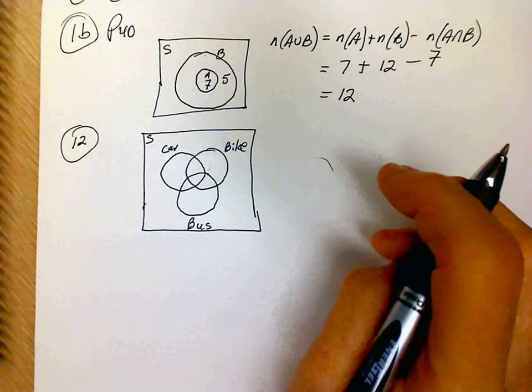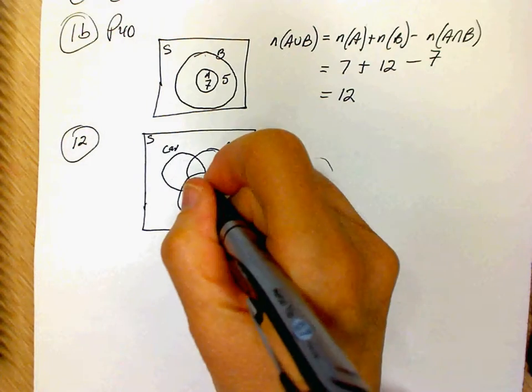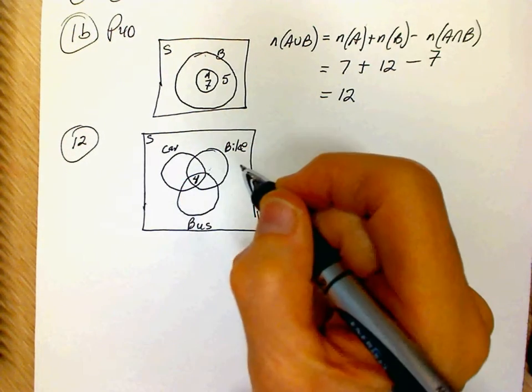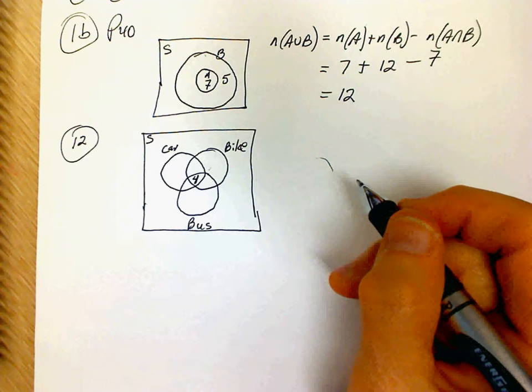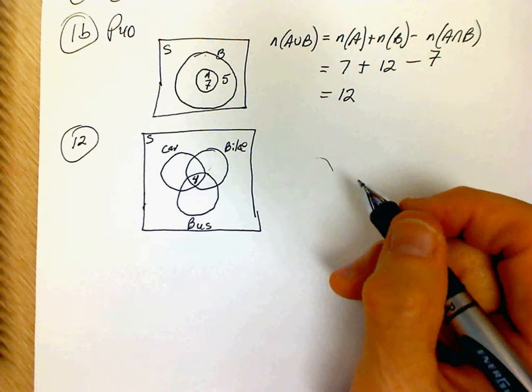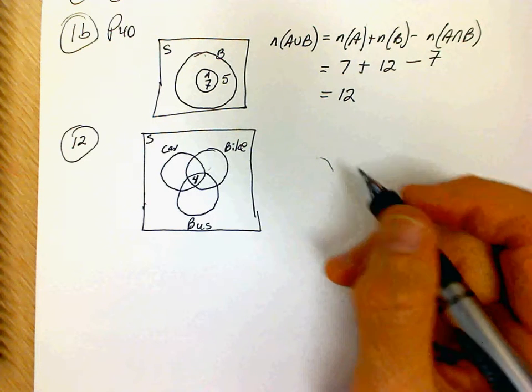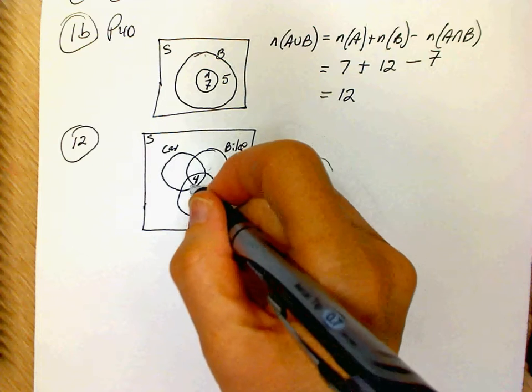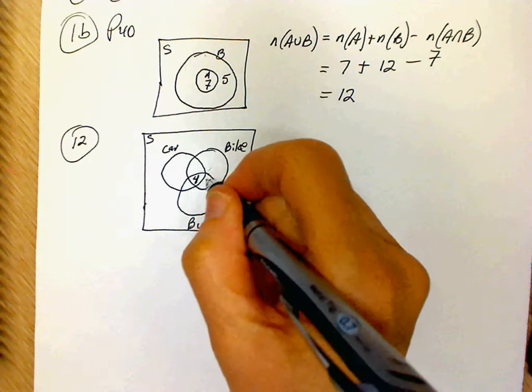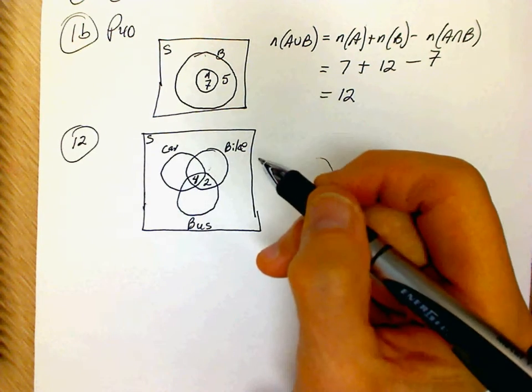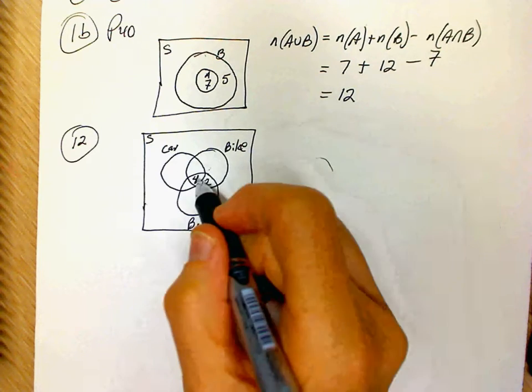We know that 4 students use all 3 of these options. Okay. 6 either take the bike or the bus. So bike or bus is here. That's 2. 10 come by car or bike.